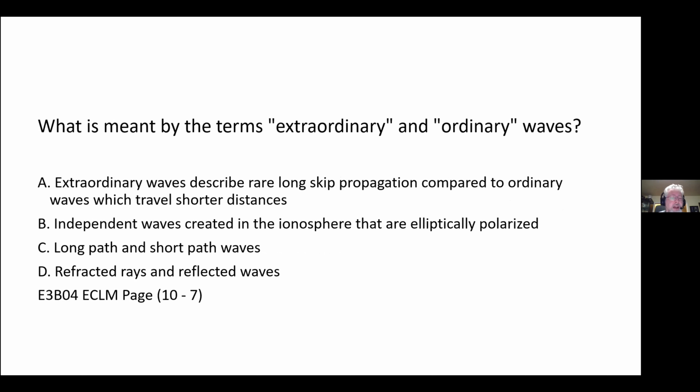C, long path and short path waves. Or D, refracted rays and reflected rays waves. Bravo. Independent waves created in the ionosphere that are elliptically polarized is correct.